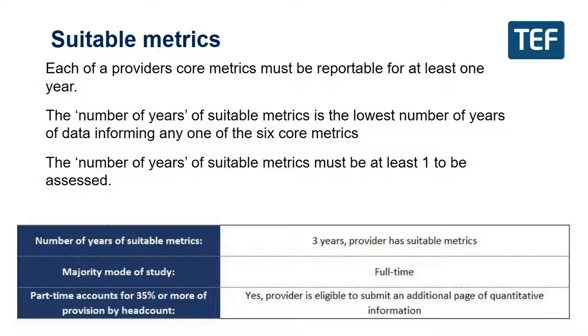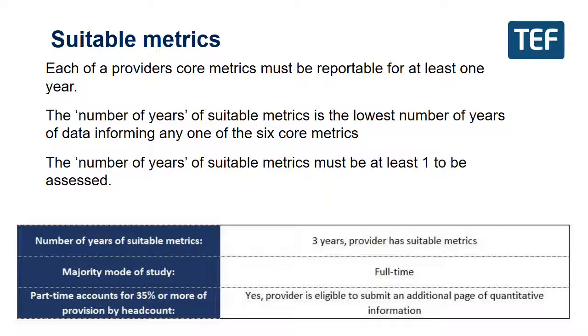So for example, if as a provider you have 3 years of continuation metrics, 2 years of NSS-based metrics and 1 year of DHLE metrics, as a provider you have 1 year of suitable metrics. And it's only the core metrics that contribute to this calculation. A provider can apply for assessment in TEF Year 4 if it has at least 1 year of reportable metrics.